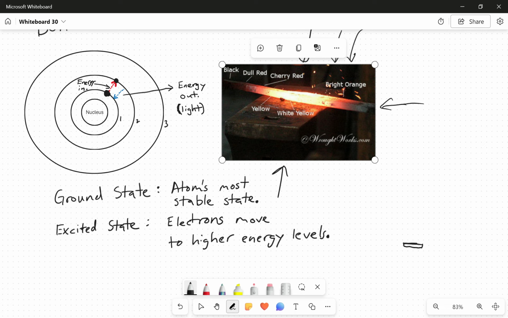Now, why is it that these items can glow multiple colors? Bohr says that's simple, because there's actually more than one possible jump. For instance, this electron, let me clean up my picture a little bit.